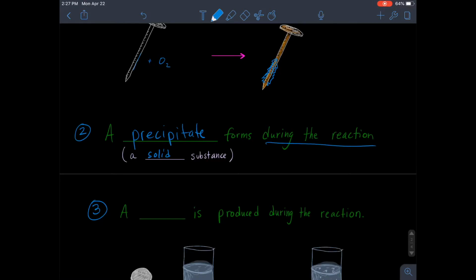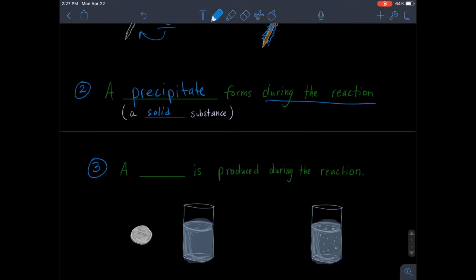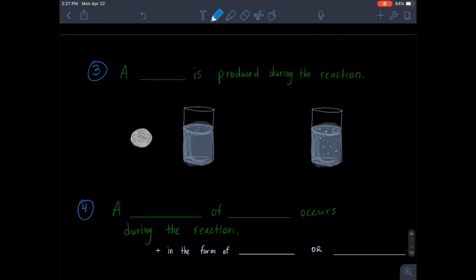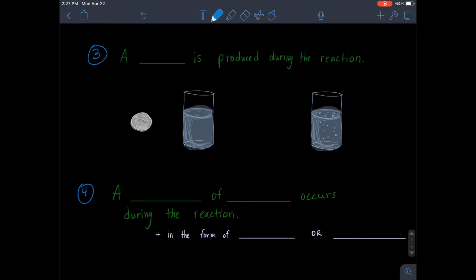So during the reaction of oxygen with the metal nail, we get the formation of a precipitate, which we call rust. So not only is there a color, but there's also that solid, flaky stuff. Number 3, a gas is produced during the reaction.